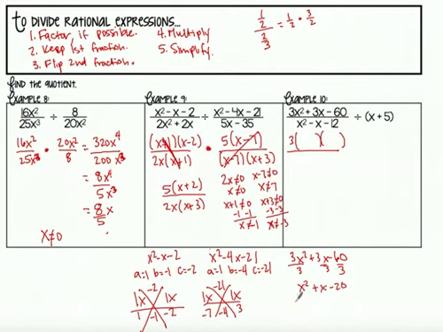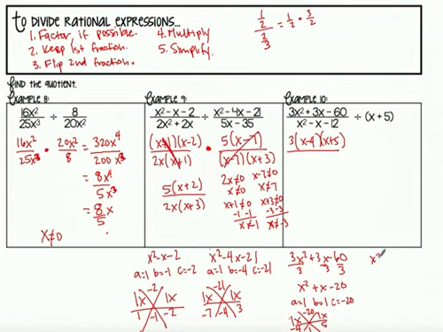So now I'm looking for two numbers that are going to multiply together to give me negative 20, but add to give me 1. So that would be 4 and 5, where 4 is negative, 5 is not. So this is going to be x minus 4 times x plus 5.